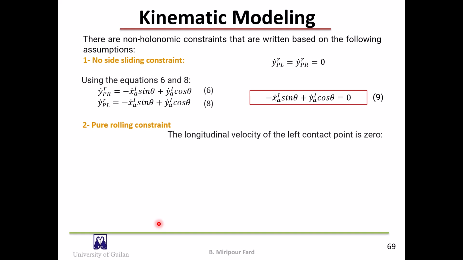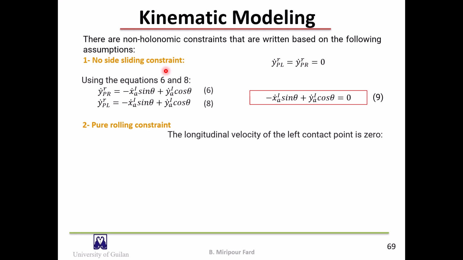In the previous slides, we have obtained the velocity of the wheels' contact points with the ground. Now let's write the constraint equations to obtain the constraint matrix A. There are non-holonomic constraints that are written based on the following assumptions. One, no side sliding constraint.